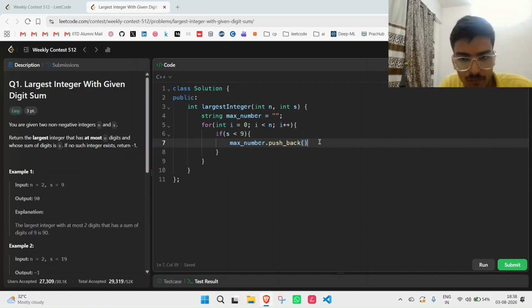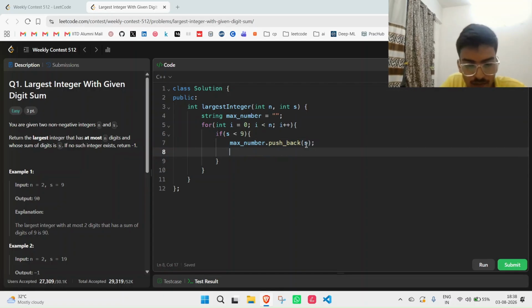Max number dot push back the number which is s. Suppose s is 8, but s is definitely less than 9, so you will definitely push s. Like s can be 1 also. You will push 1, then decrement s.